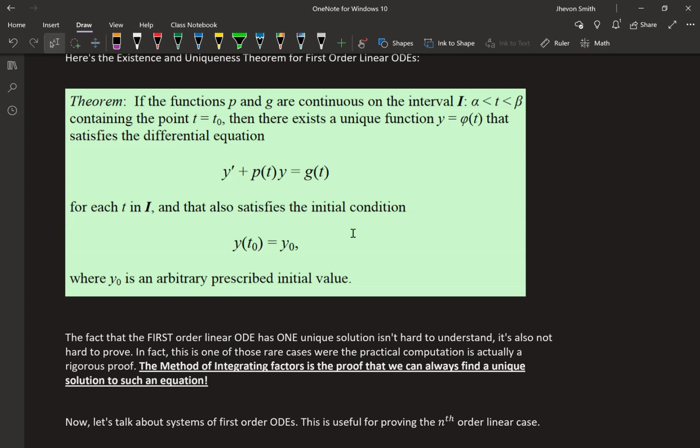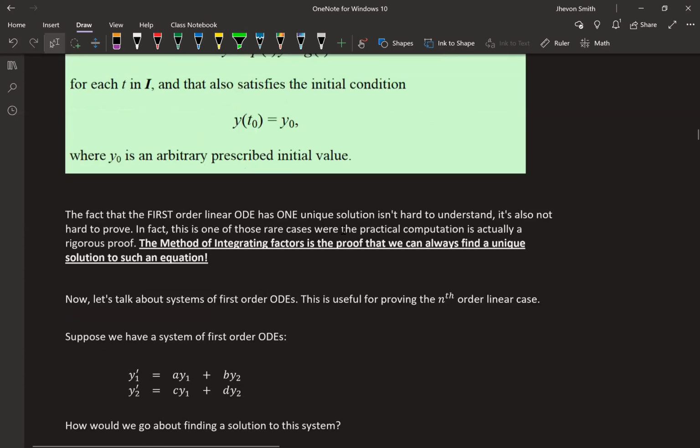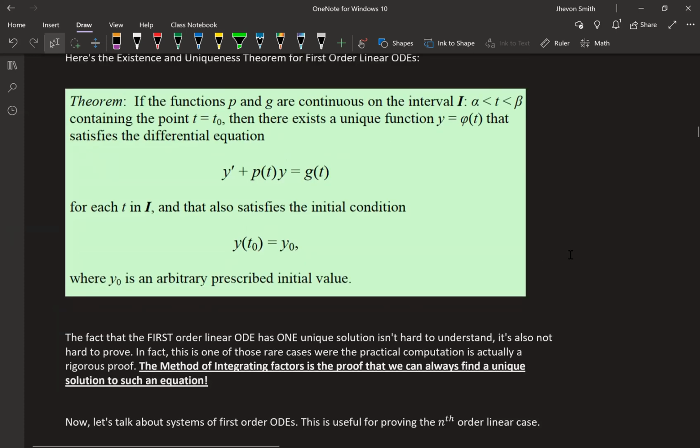And the mu, I know what that is. That is e to the integral of the p. Now, in theory, these integrals will always exist for continuous functions, although in practice, it might be very difficult to actually find them. But in theory, they do exist because it's continuous. So the fundamental theorem of calculus tells us that it should be there.